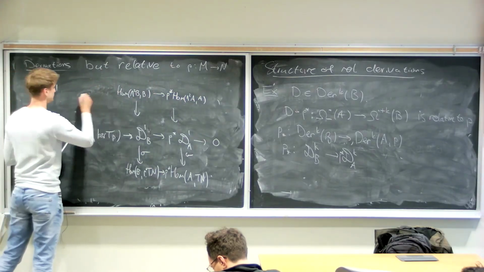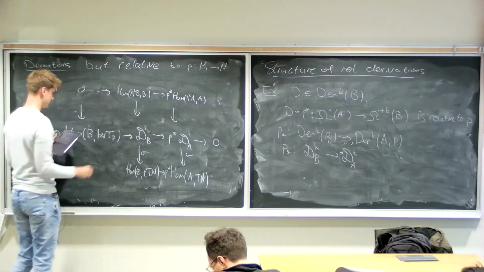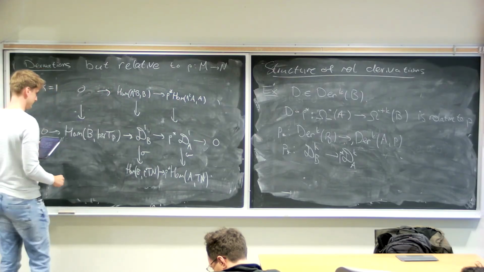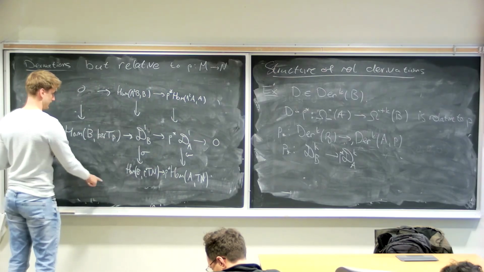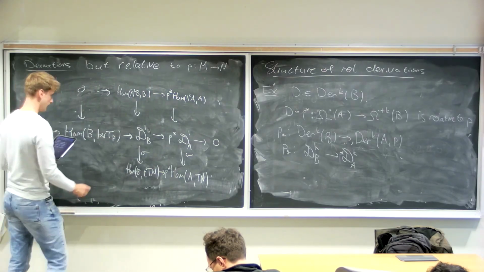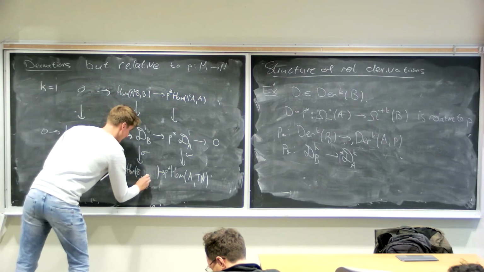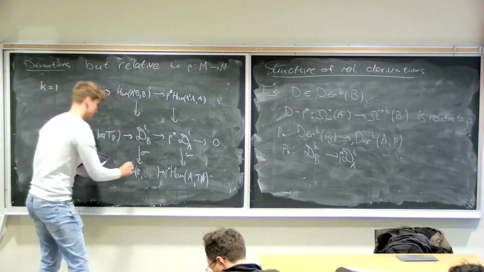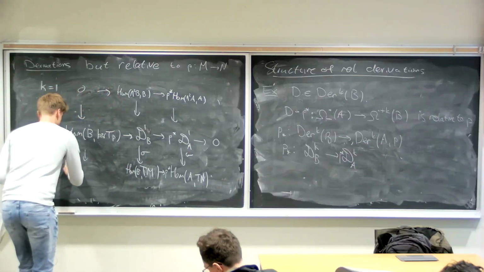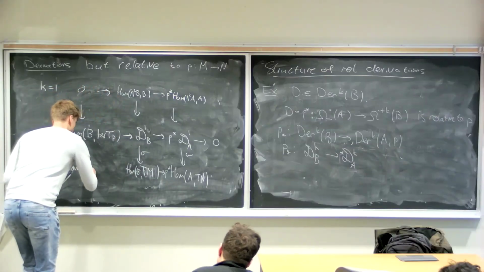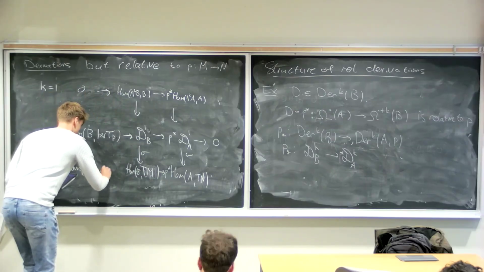And these are isomorphisms. Oh, sorry, this is not a pullback. This is T_M, just an ordinary derivation. Here we have an isomorphism, B kernel of T_P.